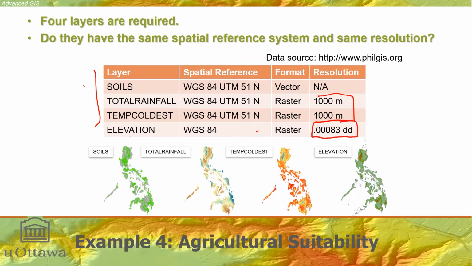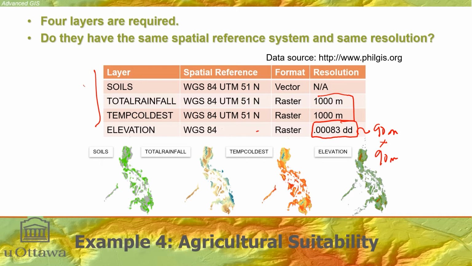So 0.00083 decimal degrees is equivalent to 3 arc seconds. So 3 seconds of arc being 1 degree. And so it's quite small. In the real world, that is equivalent to approximately 90 meters by 90 meters per cell at the equator. And the southern Philippines is very close, near the equator, right?